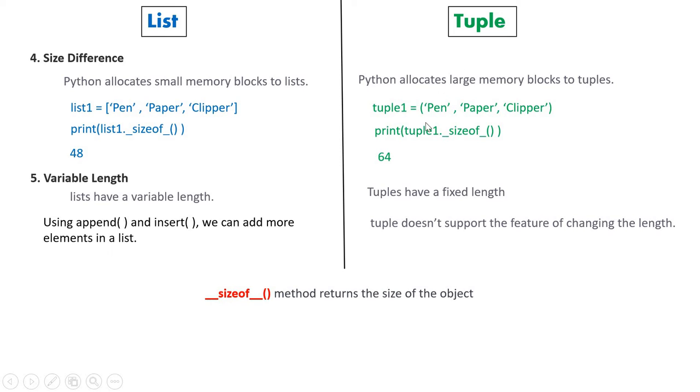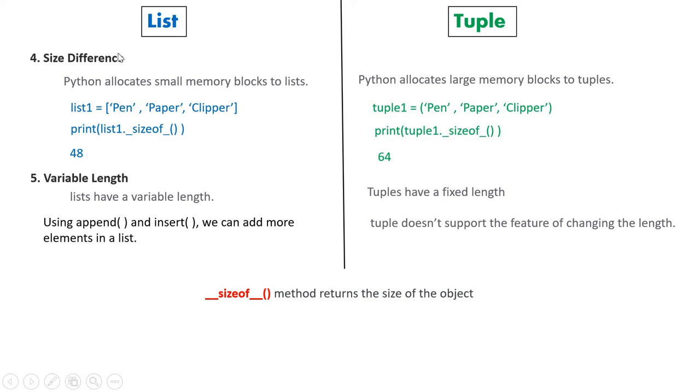But in case of a tuple, a large block of memory is provided to the tuple. So why is this? Because a tuple is immutable. You cannot add more elements later on. So initially it will be provided with a large block.